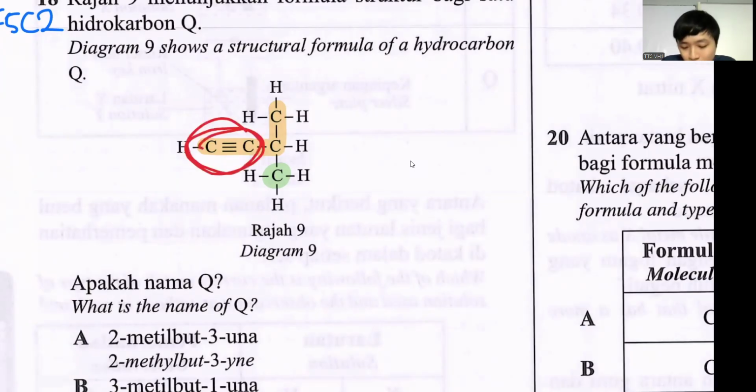You always focus on the triple bond or double bond first. So the triple bond is at 1, and of course you choose 1, so you don't follow the other order. So we choose 1.